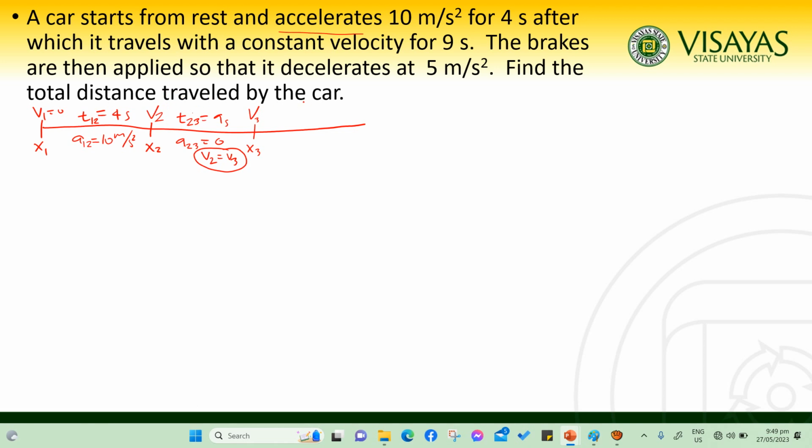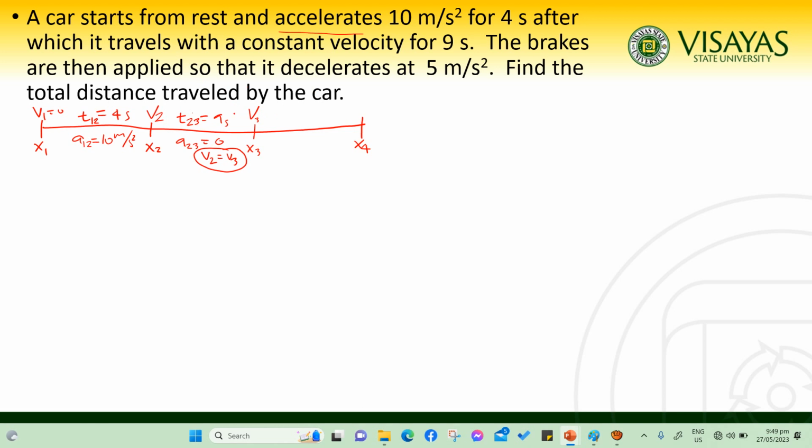Then finally, the brakes were applied and it decelerated. Of course, it will come to a stop, and let us name the position where it stopped as x4.